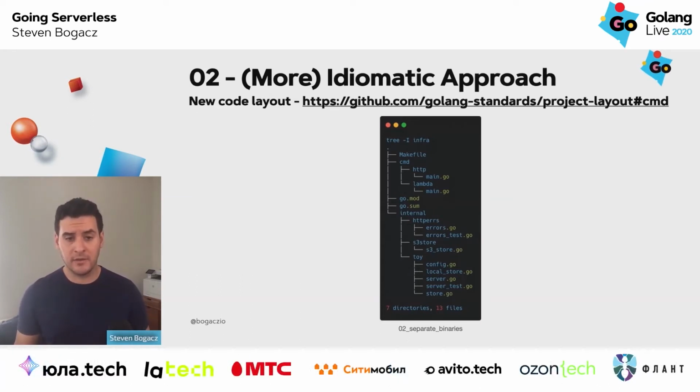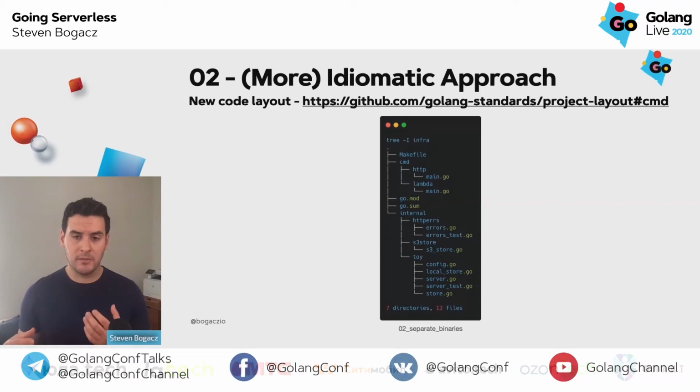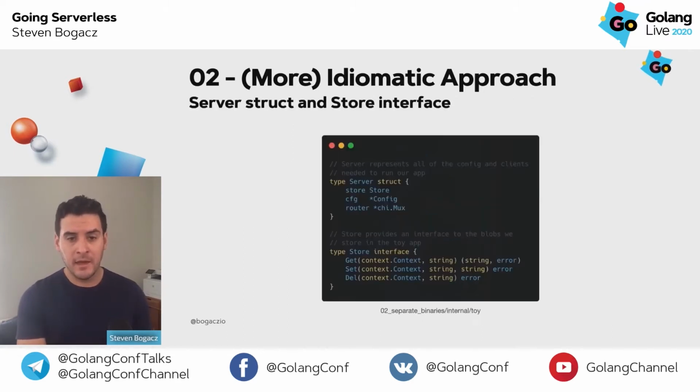Toy would host our server and has all of the server code. S3 store has the S3 implementation of our store, and the HTTP errors helps us do some translation from AWS errors to RFC compliant HTTP status translation.